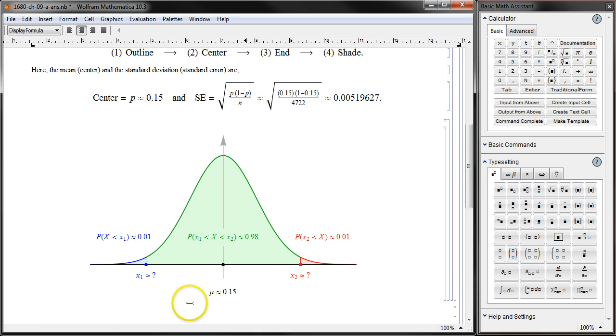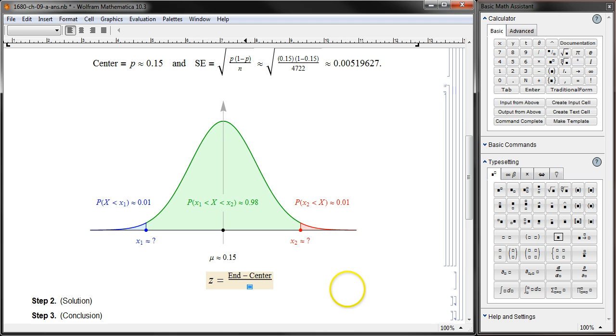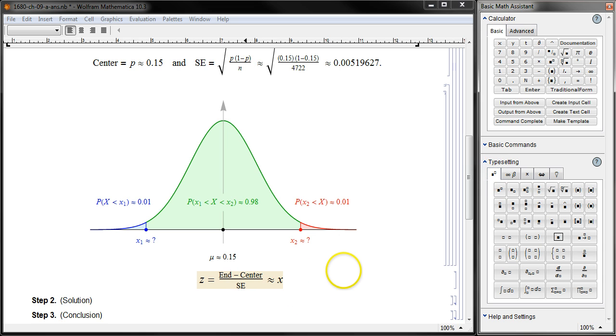Now, before just giving away the answer, let's work out a little bit more. So the Z-score is end minus center over SE, isn't it? And we are looking for this blue x value minus 0.15. 15% as a decimal is 0.15.